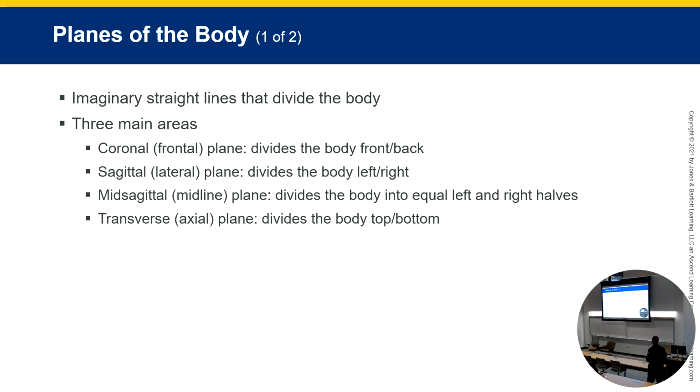Sagittal or the lateral plane divides the body into left and right. Okay, just left and right. The mid-sagittal or midline divides the body into equal left and right halves. Okay, so what does that mean? So sagittal, there are various sagittal planes. Okay, mid-sagittal is directly down the center. Okay, so you can have a plane where you're just kind of looking at the shoulder.